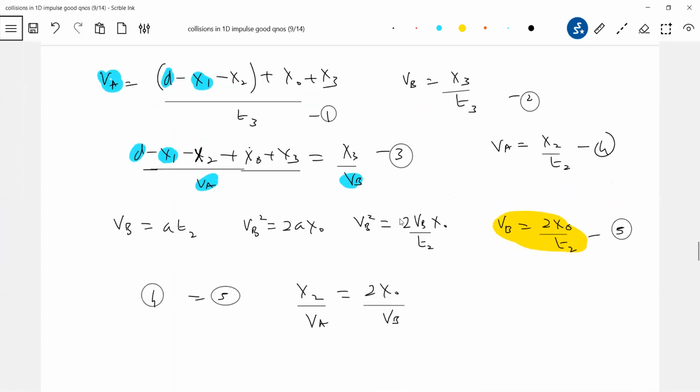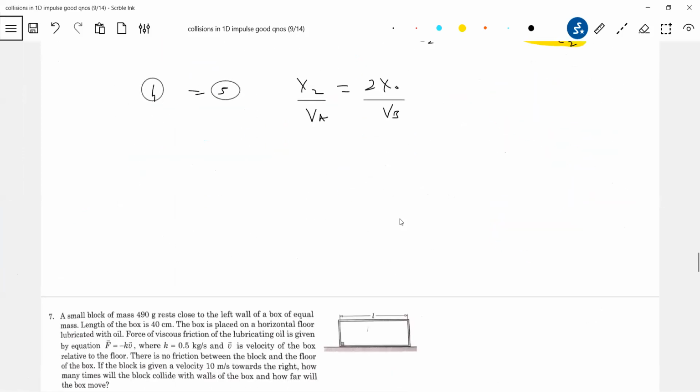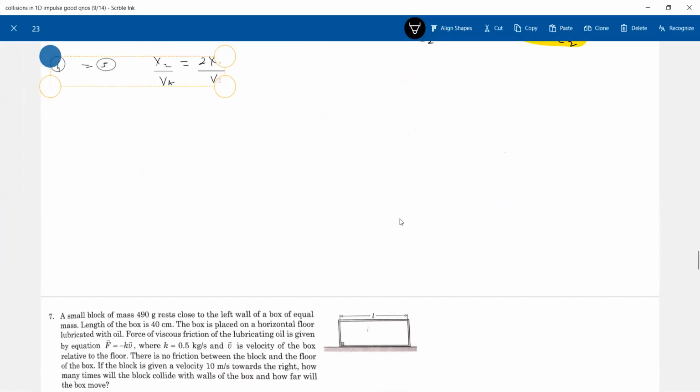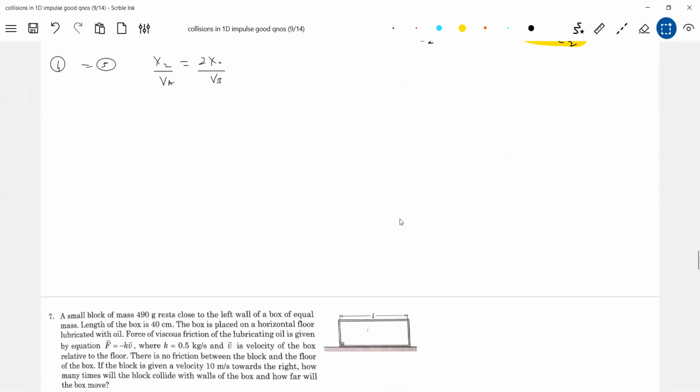I'll write down the equation. So relative distance moved between the blocks, later on you check it with the diagrams. Directly let me write the equation.